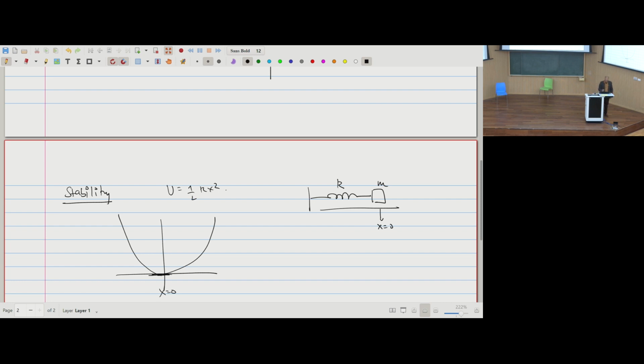Let's look at 3 points, A, B and C. At A, what we see is that dU by dx is greater than 0. F was minus dU by dx, so F becomes negative. So that is towards the origin.